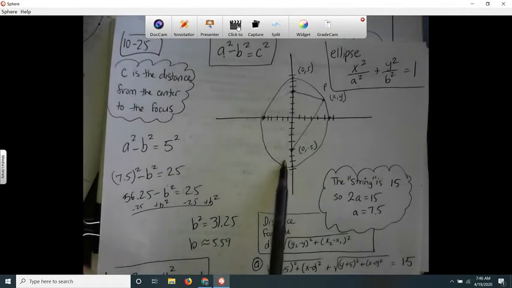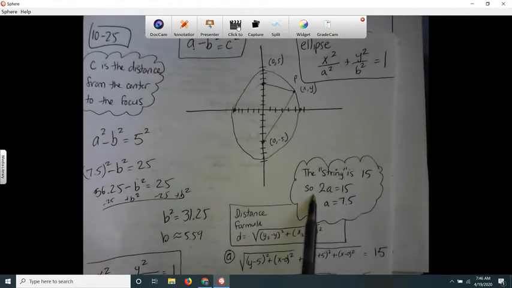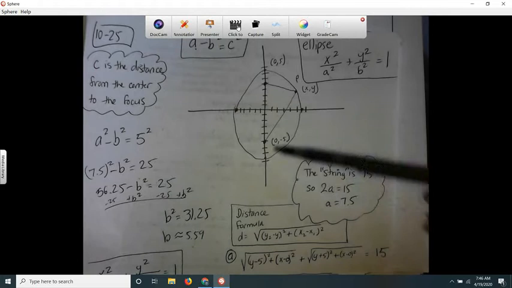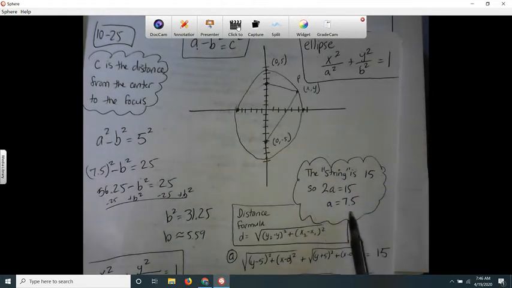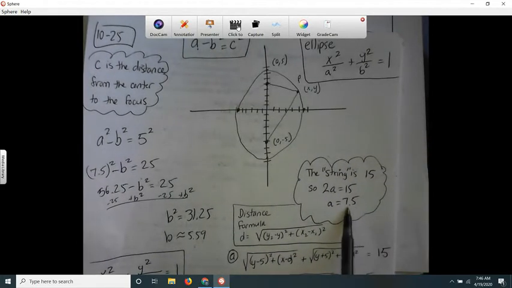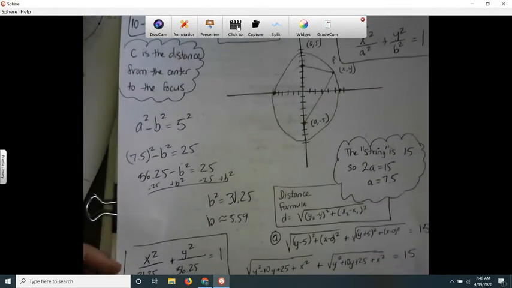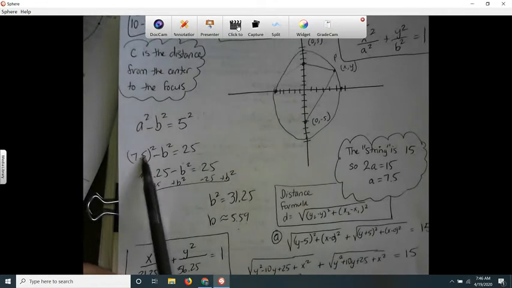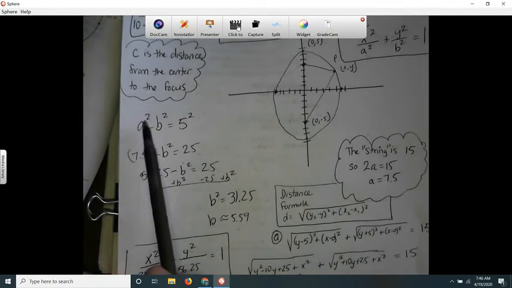So if I know that the string is 15, then 2 times a, or in this case 2 times b, is 15. So we got 7.5. Basically the a and b are just like the bigger number and the smaller number.